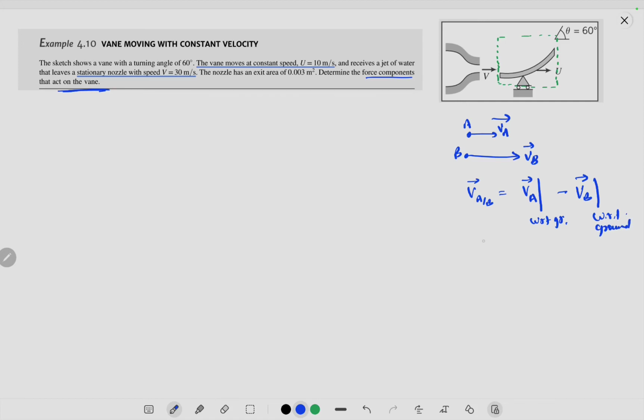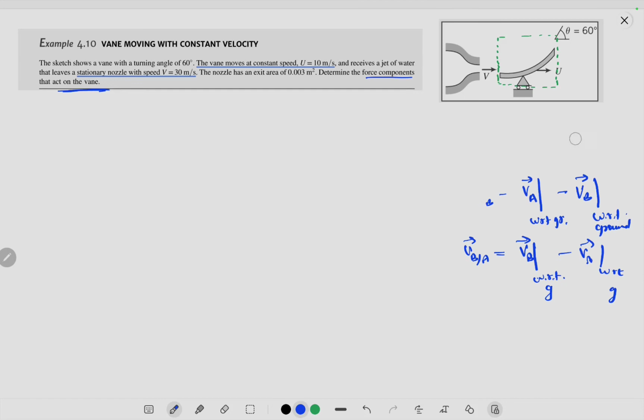This is the formula that we use. Similarly, the velocity of B with respect to A is nothing but Vb with respect to ground minus Va with respect to ground.